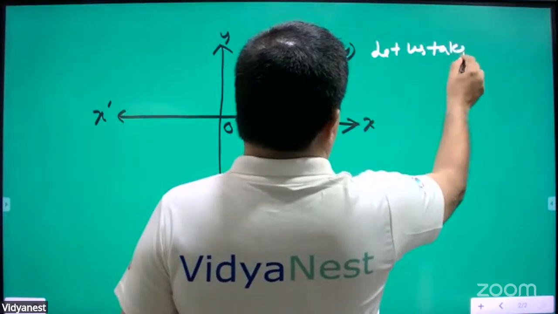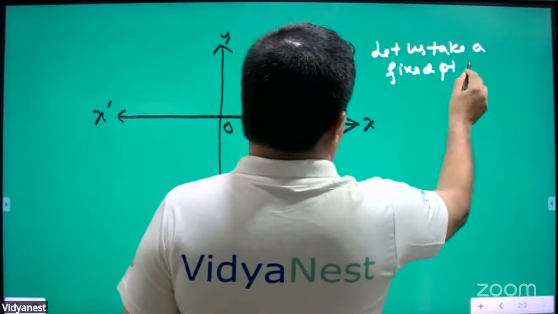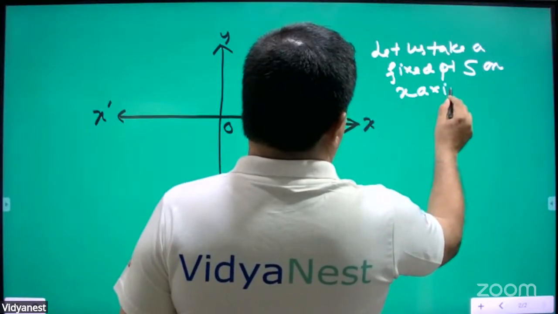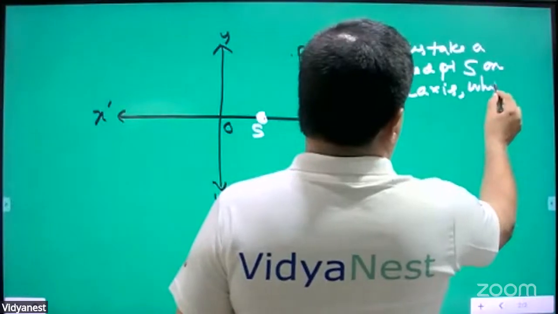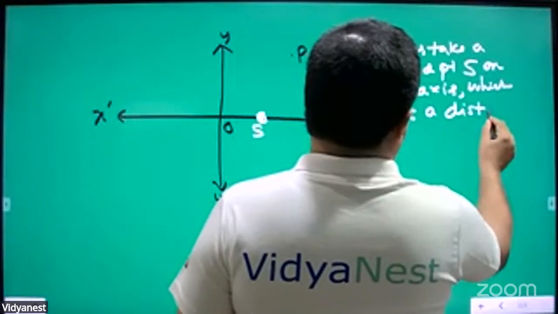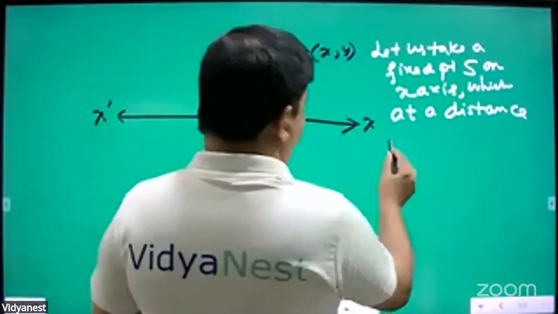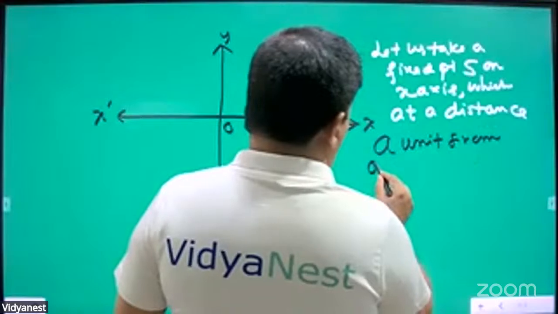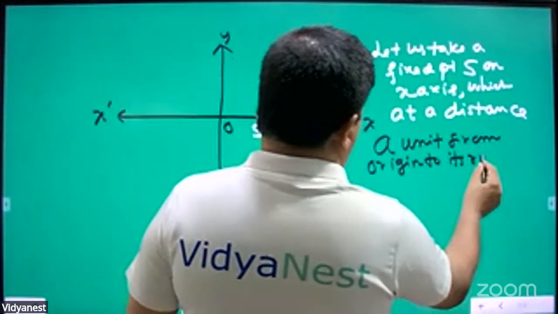Let us take a fixed point S on x-axis, which is at a distance a unit from origin to its right.